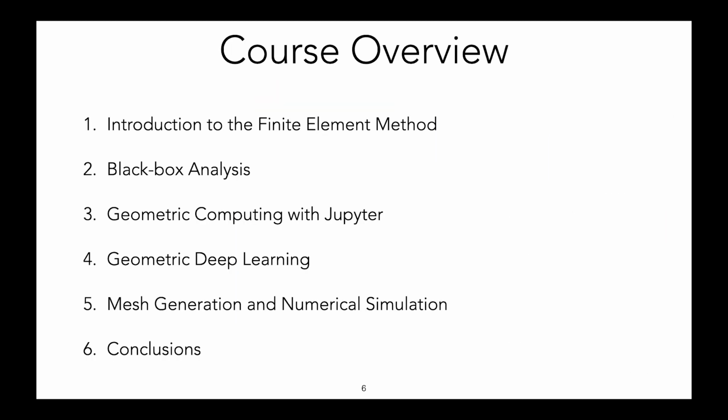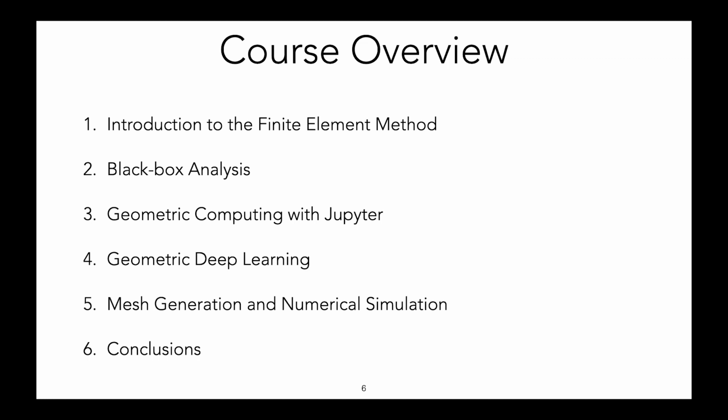In this course, we're going to start by introducing the finite element method from scratch. And then we are going to move on to black box analysis, which is going to cover how you start from geometry and how you solve partial differential equations inside it. We will see that these tools are very convenient for geometric computing, and this will be covered in the second part of the course, which is going to be more applied, where we're going to go through many algorithms for geometric computing that are available in libigl.